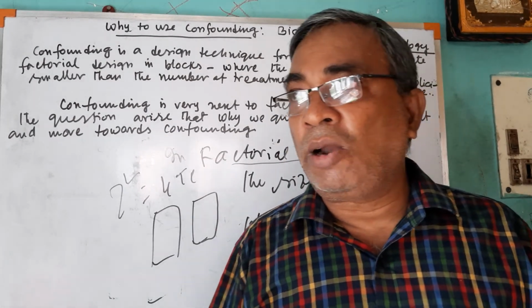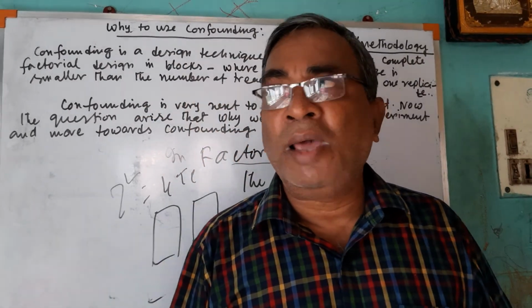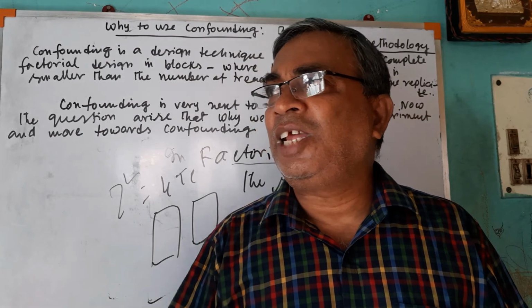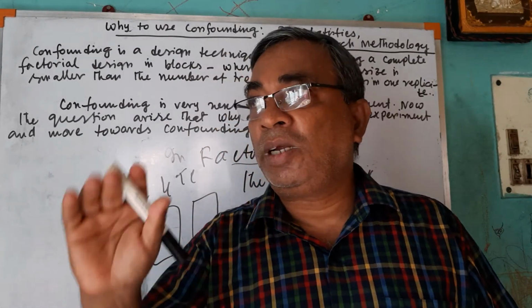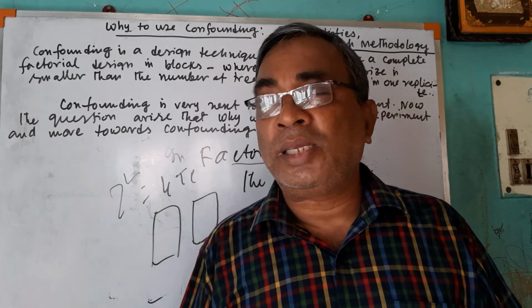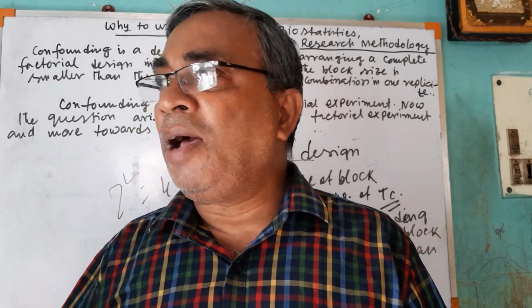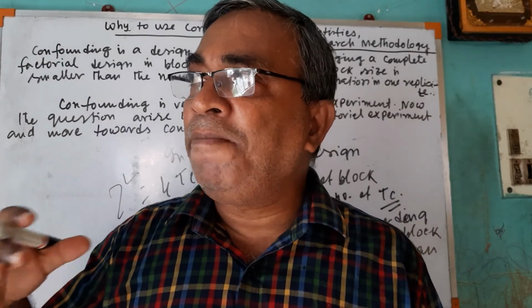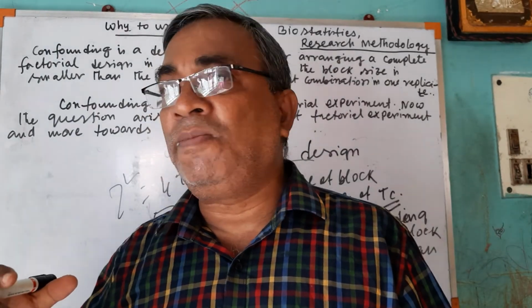If the researcher thinks that AB is not necessary in his experiment, AB meaning the interaction of the 2 factors A and B, he may go for confounding AB.